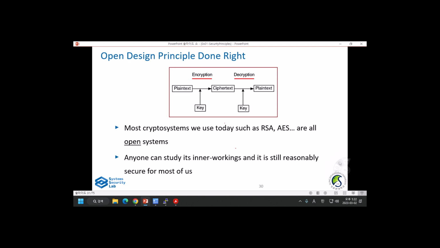It's not just the crypto systems, but all the security mechanisms in general are open. And if it's not open, I don't think people will trust such a mechanism. So anyone can study its inner workings, and it is still reasonably secure for most of us, the AES and RSA.